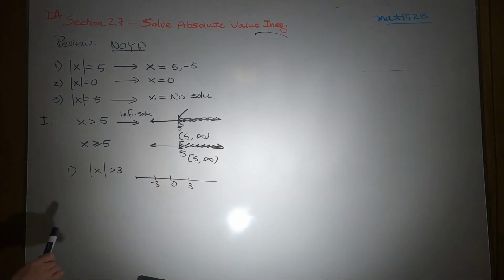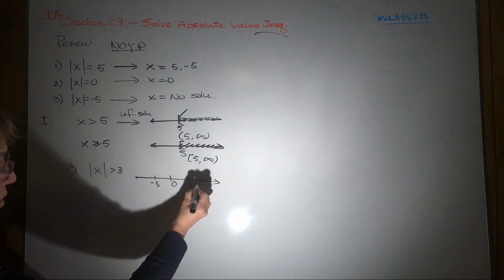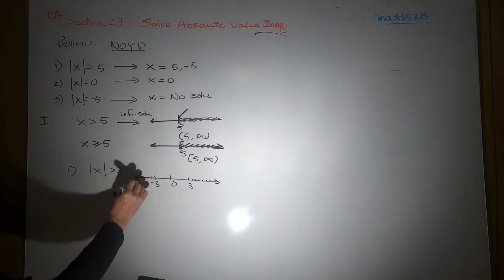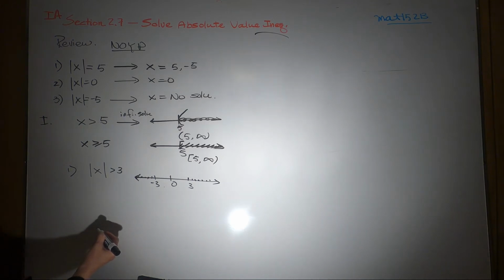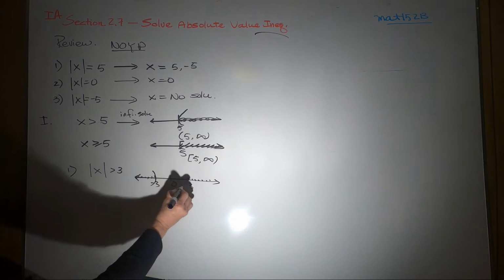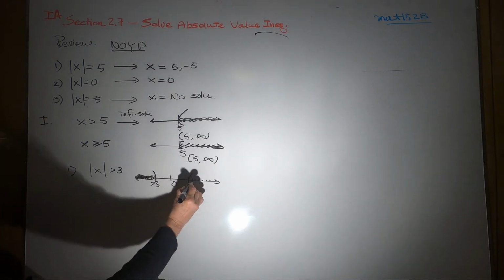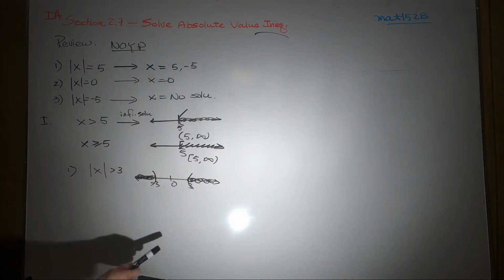The distance away from 0 is bigger than 3. So x can be 4, 5, 6, 7 all the way, or even -4, -5, because the distance away from 0 is bigger than 3. So it should be away from 0, here or here. All those places, the absolute value would be bigger than 3, right?